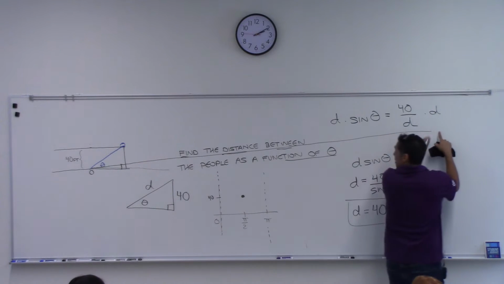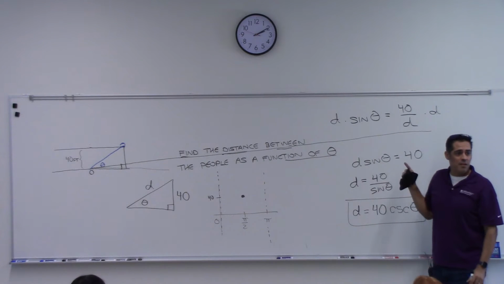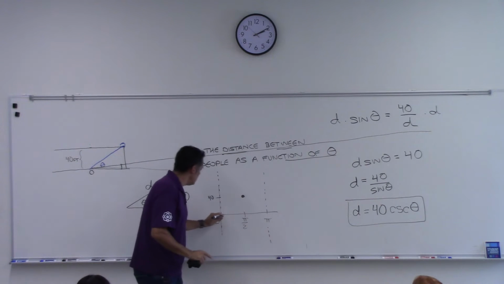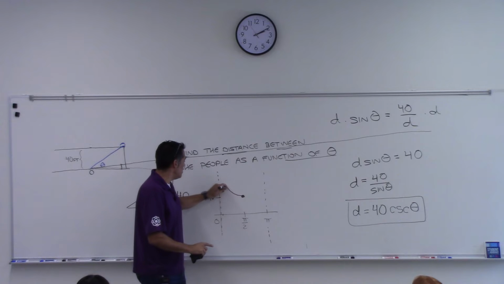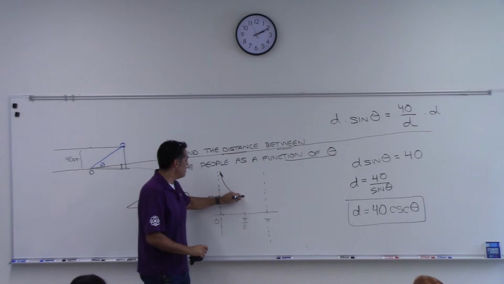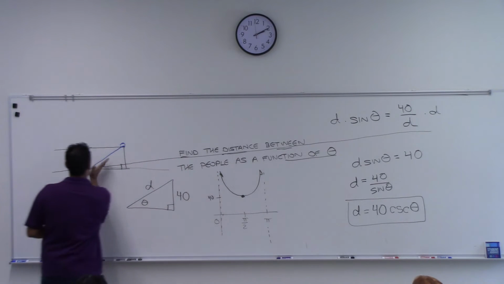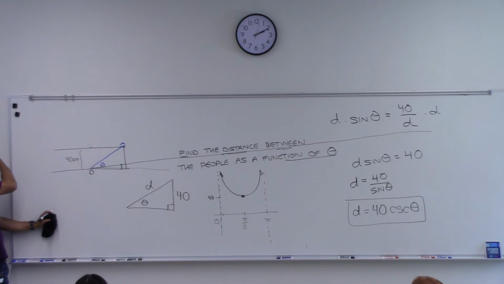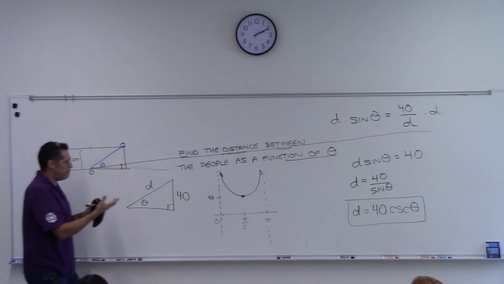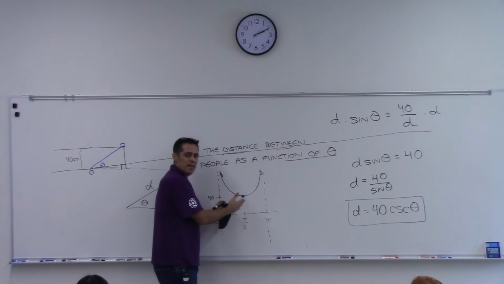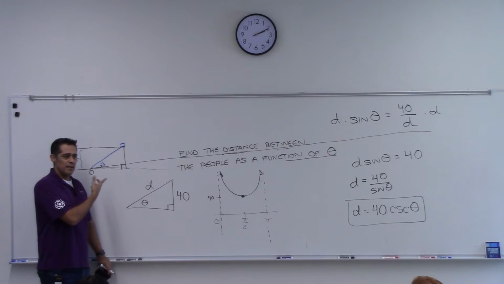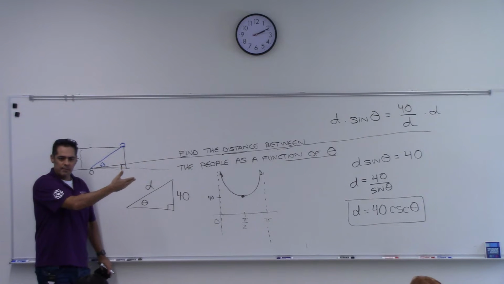That person is really far away from me, aren't they? Really, really far. So if I have a very small angle, the person should be really far. So this is going to look like this, isn't it? And this side, same thing. If I go over here and I make my angle really, really close to pi, that means they're really, really far away. Do y'all see that this graph is a perfect representation of this physical situation? Yeah? It's a cosecant function.